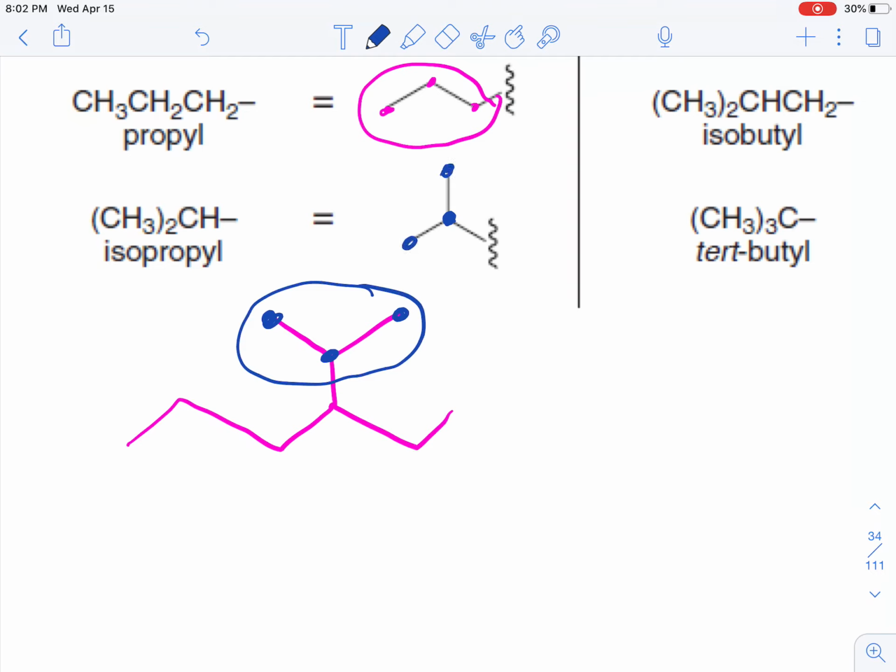And so it makes sense for it to be prop, because that's representative of 3 carbons, but we're going to tack on this term iso to represent symmetry within that specific substituent. And so isopropyl means that it's a symmetrical substituent, but there's still only 3 carbons. Okay.